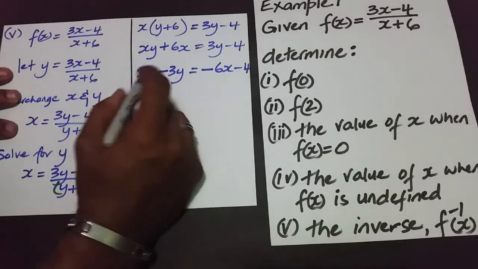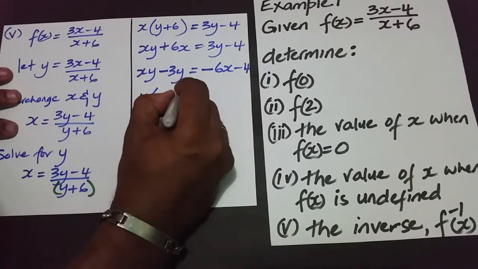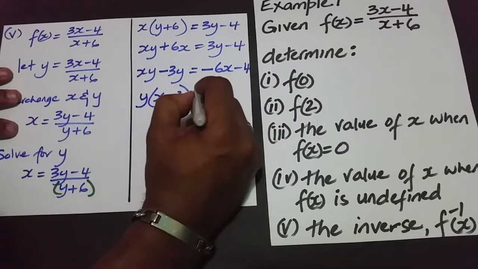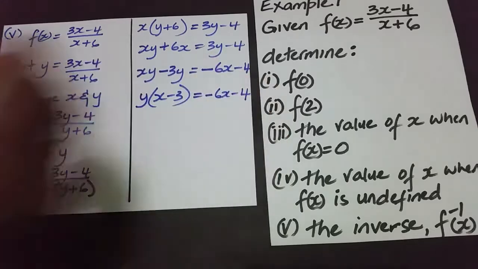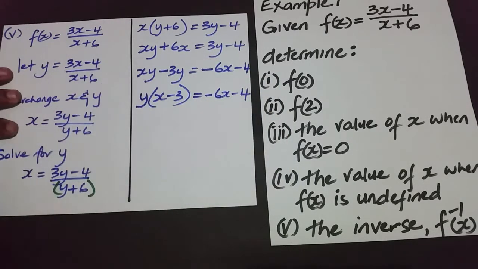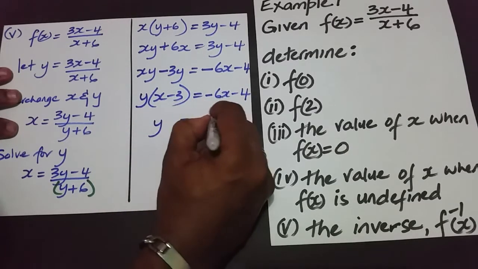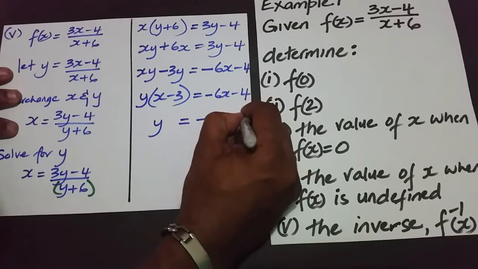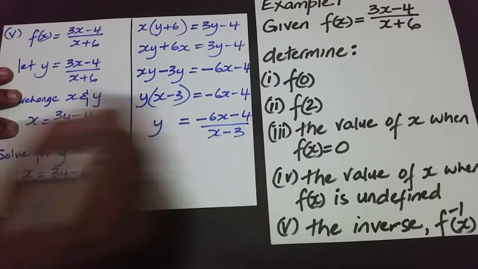So y is common, so we have y(x - 3) = -6x - 4. Seeing that this means y times that, to make y the subject, we're simply going to divide -6x - 4 by x - 3.